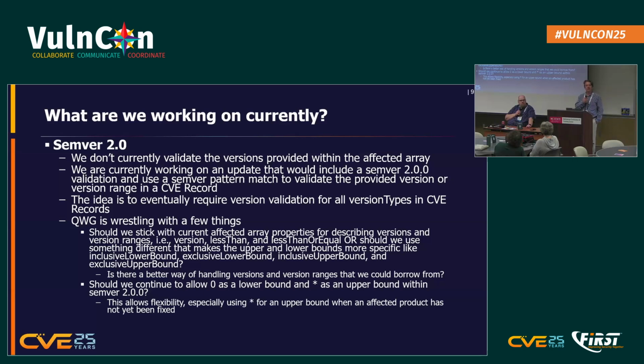The nice thing about VERS is you have a generic scheme for how it works, and then you can add on your version schemes. That can be added dynamically, so you don't have to change the JSON schema every time a new version scheme is added.